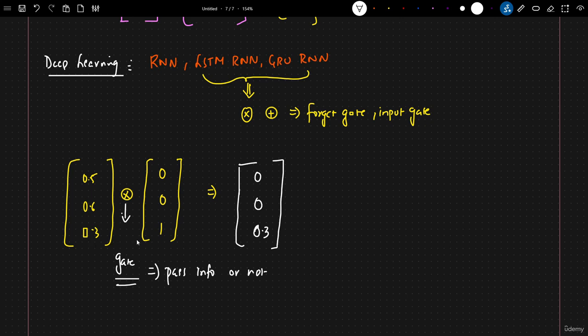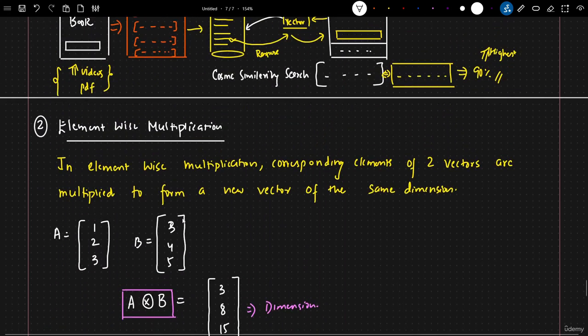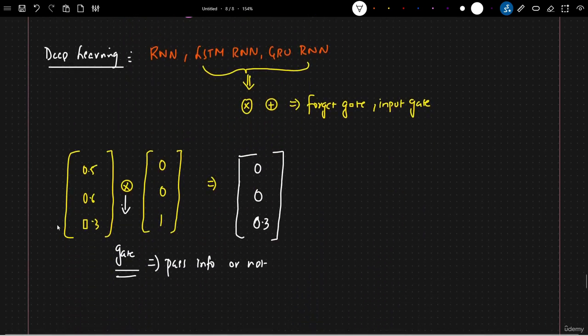But over here, 0.3 multiplied by 1, it is passing this specific information, right? So we can pass some information or not, and this will be very handy whenever we apply it in neural networks, because the architecture over there uses forget gate, input gate, and different types of gates, which are responsible for passing some of the information and not, right?